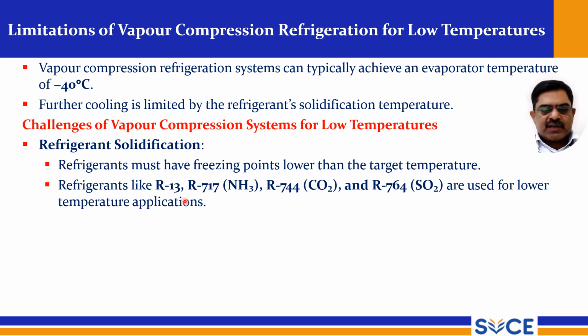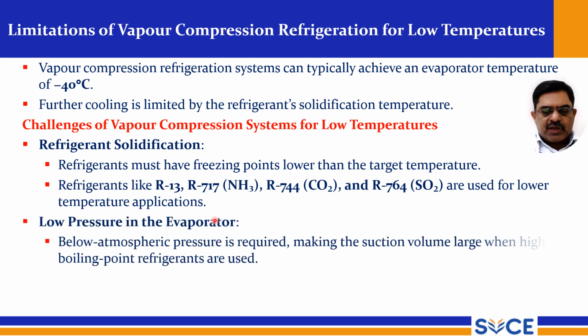The refrigerants like R13, R717, that is ammonia, R744, so that is CO2, carbon dioxide, R764, that is SO2, sulfur dioxide, are used for lower temperature applications. So these are more suitable refrigerants for low temperature applications.